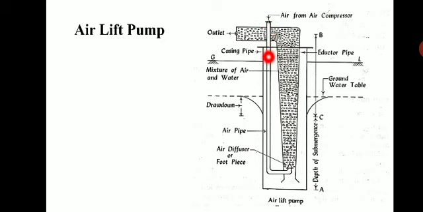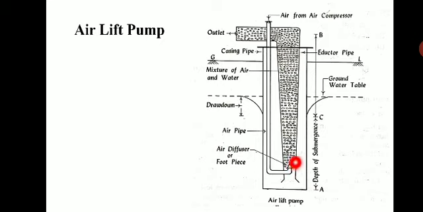The air diffuser releases the compressed air at the footpiece. You can see the triangular portion, that is the air diffuser, or it is called the footpiece. From this the compressed air is released into the pipe.